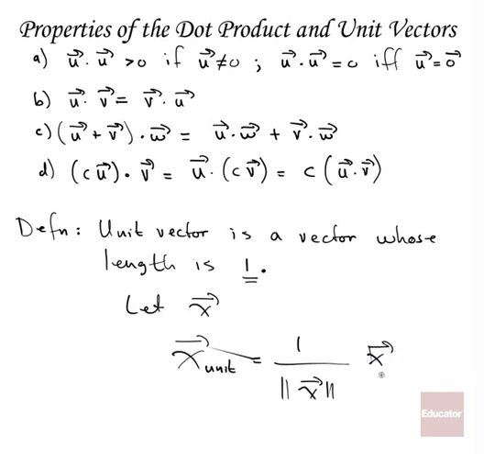In other words, I take the vector and I divide each entry of that vector by the magnitude of that vector. Think of it this way. If I have the number 15 and if I want to turn it into a 1, I divide it by itself, right?